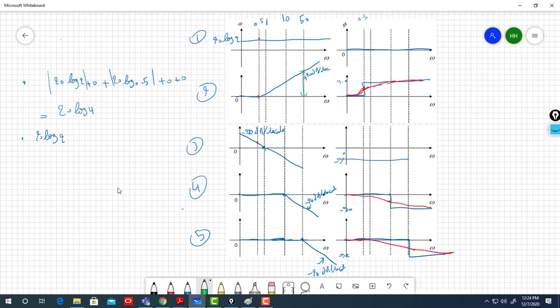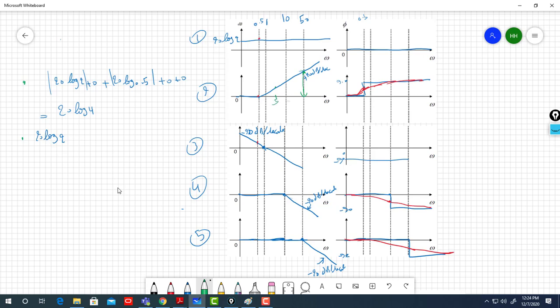So this magnitude, how much is it? 0.5. Per decade, at 5, it's 20.